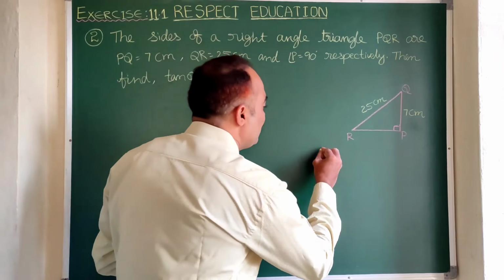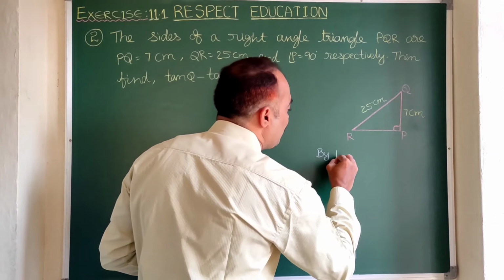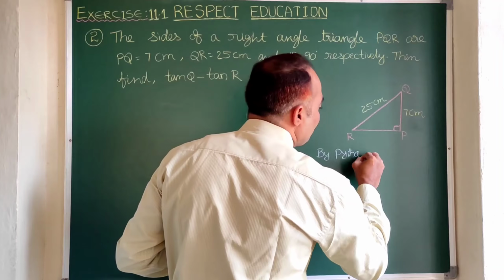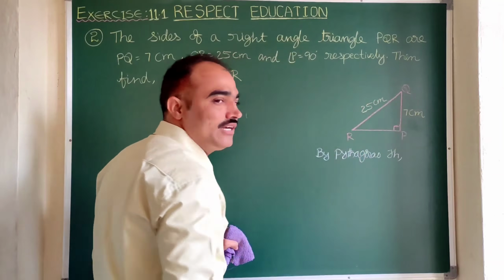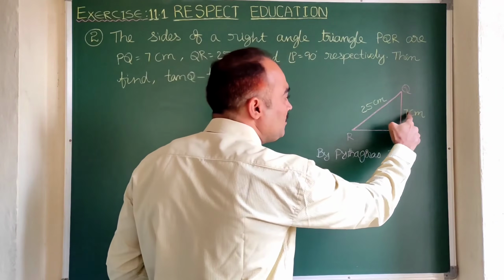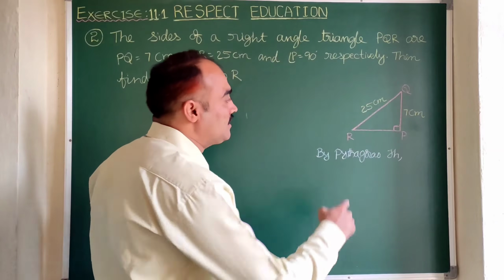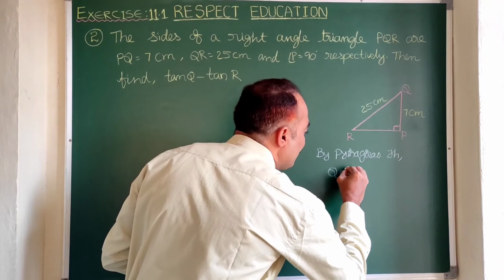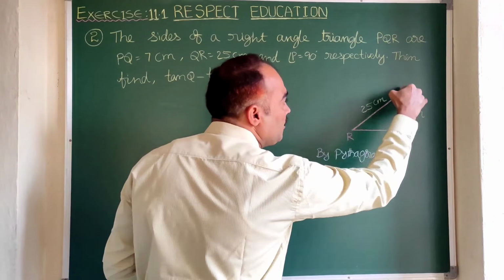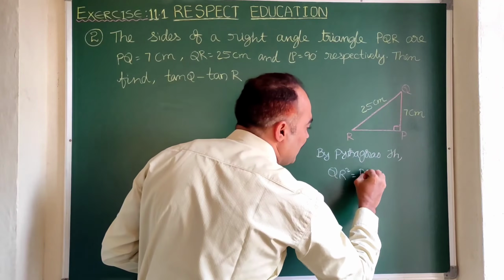Let us write now. By the Pythagoras theorem, the square of the hypotenuse is equal to the sum of the squares of the other two sides. So I am writing directly: QR square is equal to PQ square plus PR square.